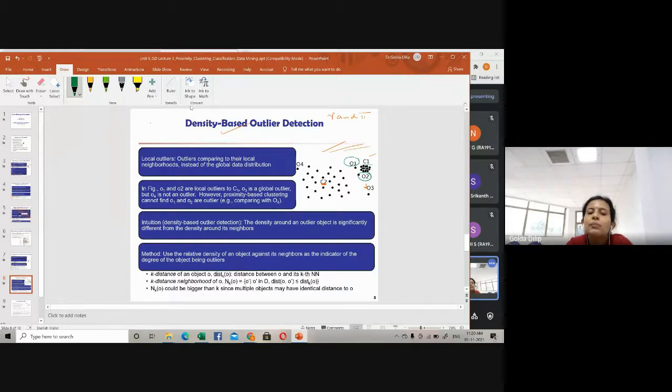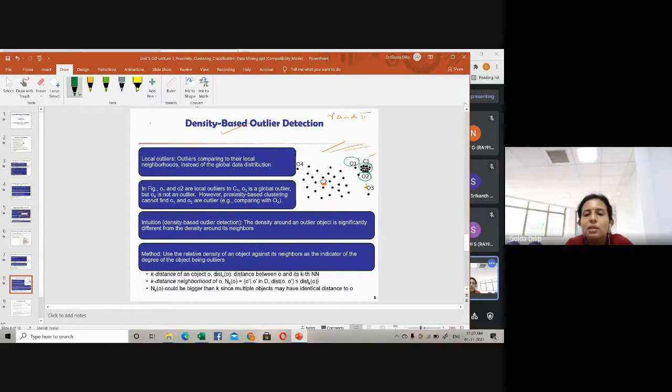In that case, O1 and O2 can be identified as outliers when considered locally with respect to cluster C1, because they deviate significantly from the objects in C1, which are all very close data points. Also, O1 and O2 are far from the objects in cluster C2 as well.